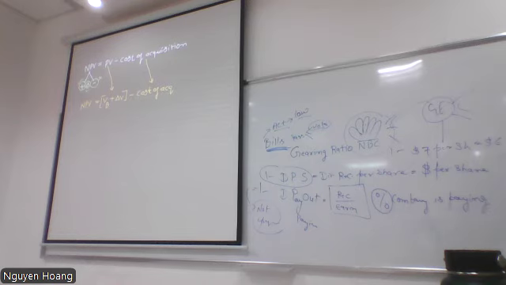Or you have another way to write it: NPV equals value of B asterisk minus cost of acquisition, because this equals this.